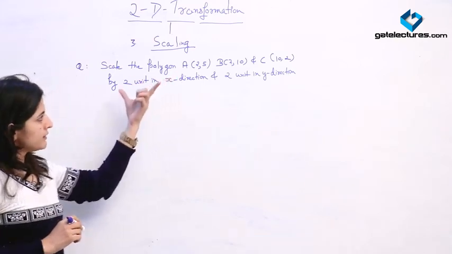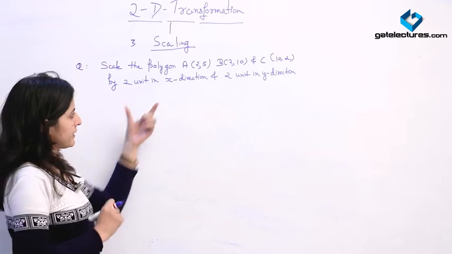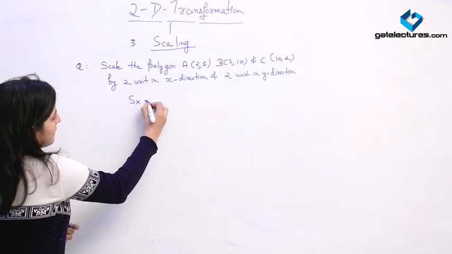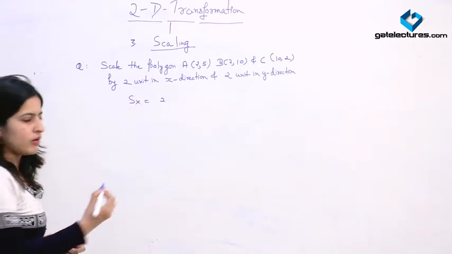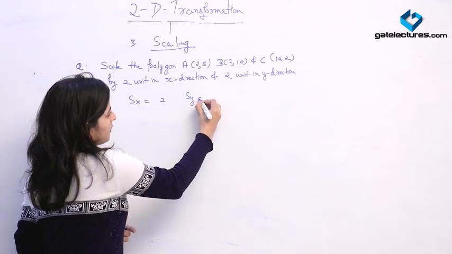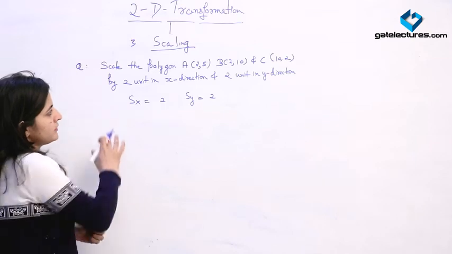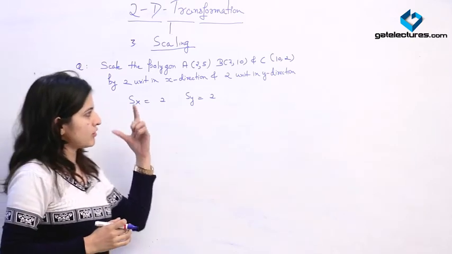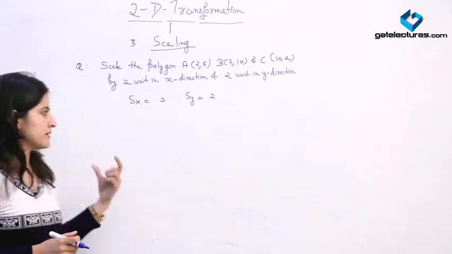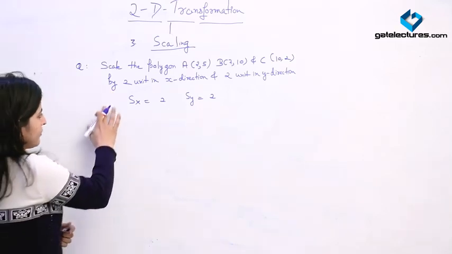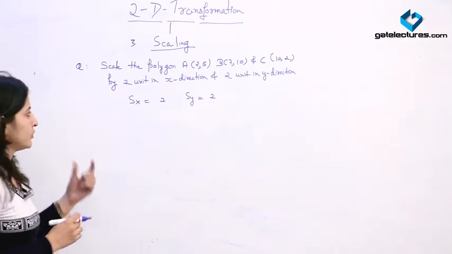We have to scale this triangle by 2 units in each direction. This means the value of sx is 2 and the value of sy is also 2. Now we have to find out the new coordinates of the scaled triangle, or we can say the scaled polygon.